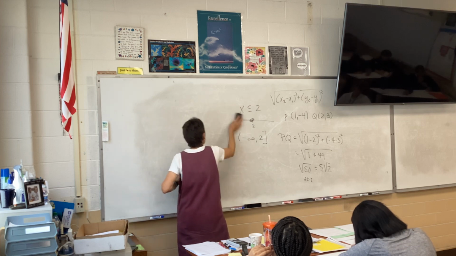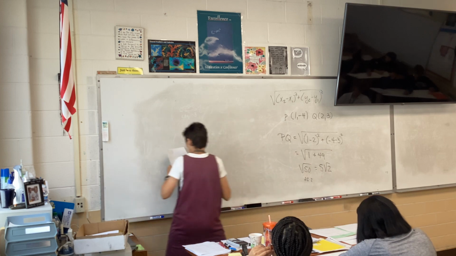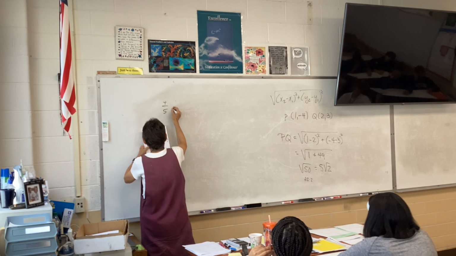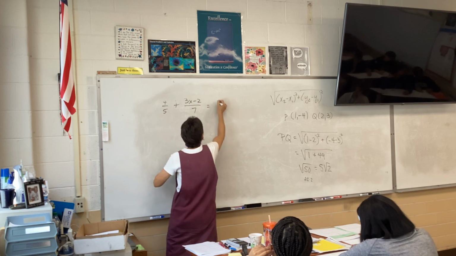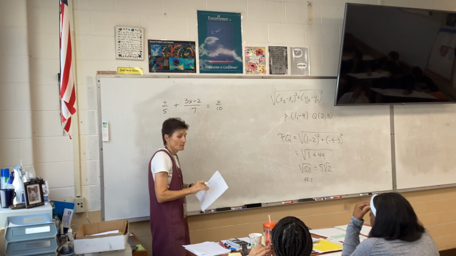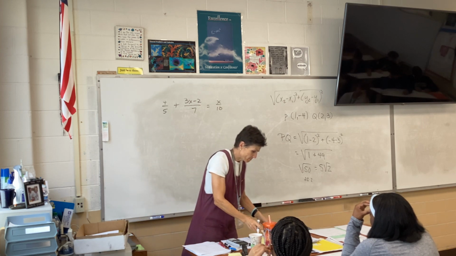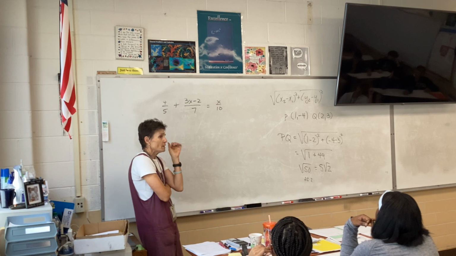Next, we got to solve an equation. We did some of these last time. What did we do? I think you guys had a great strategy for these problems. What did you do?